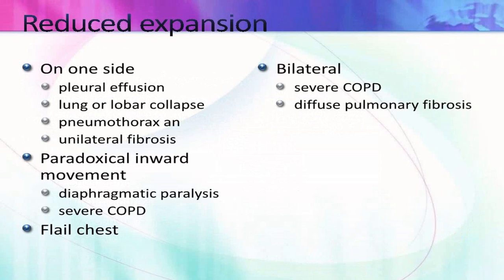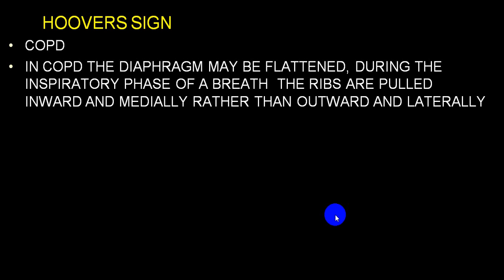So already we have discussed a lot of these things, and in flail chest it will be opposite movements. There is one thing which can be asked sometime in your oral if you utter this particular word: in COPD, remember this properly, in COPD the diaphragm is usually flat. So during inspiration, the ribs are pulled a little bit inside.